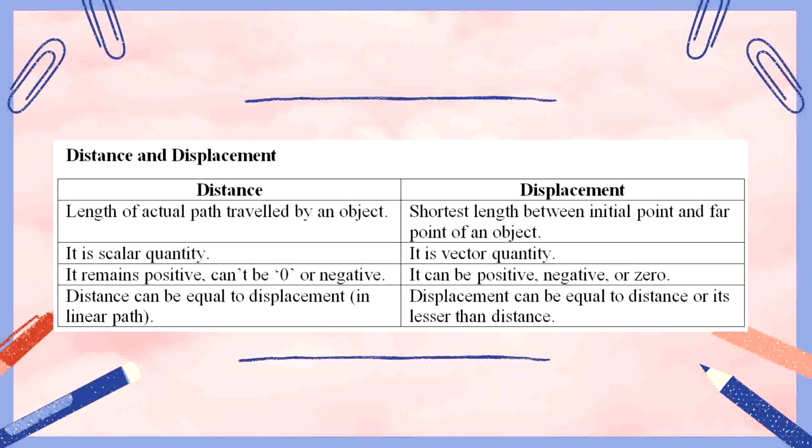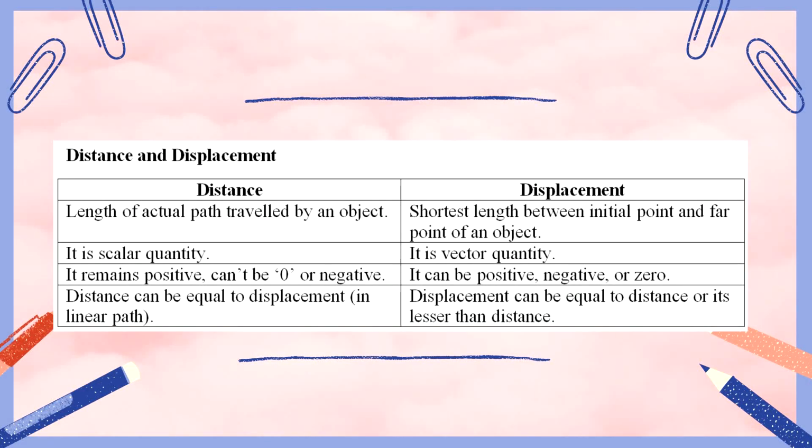This is the differences about distance and displacement. Distance, length of actual path traveled by an object, while the displacement, shortest length between initial point and far point of an object. Distance, it is scalar quantities, while the displacement, it is vector quantities.